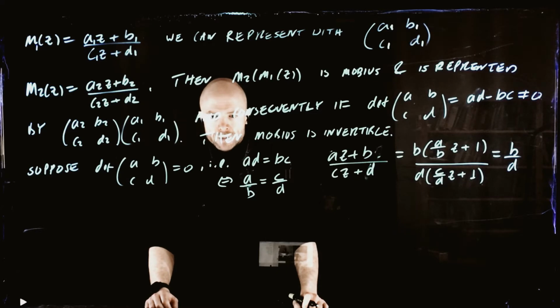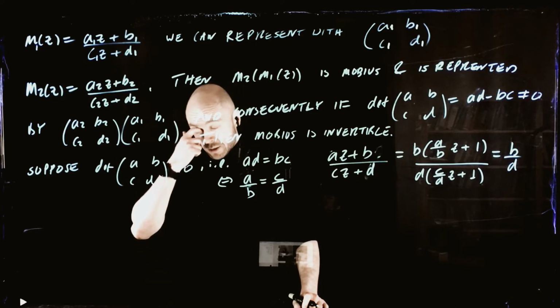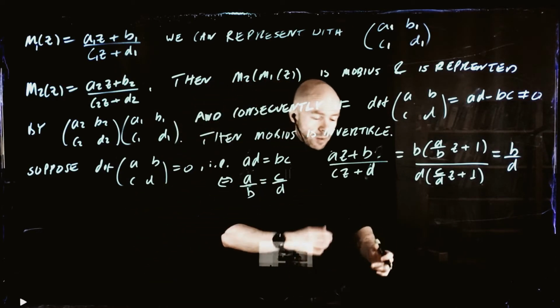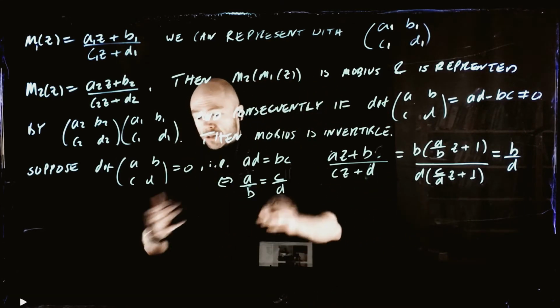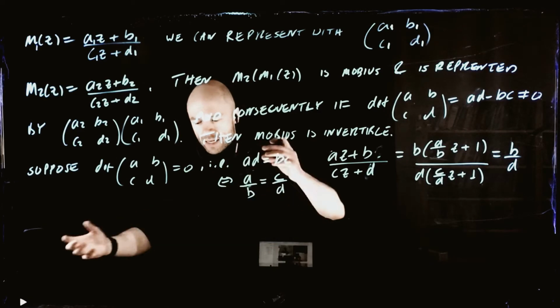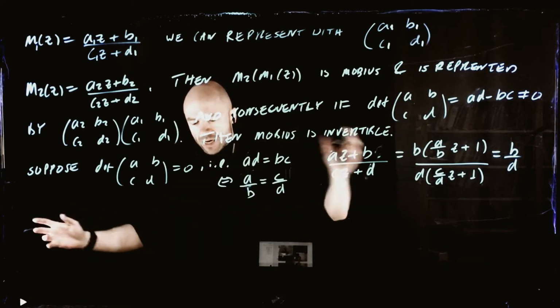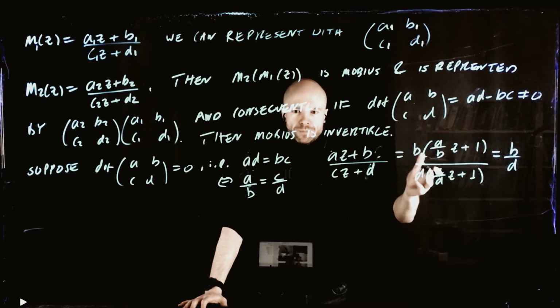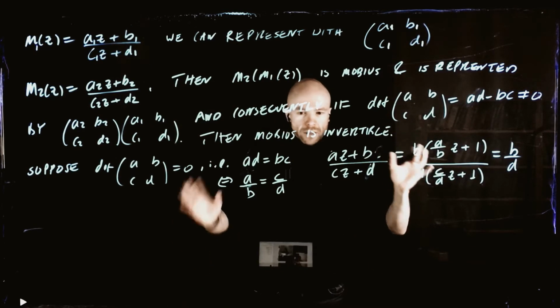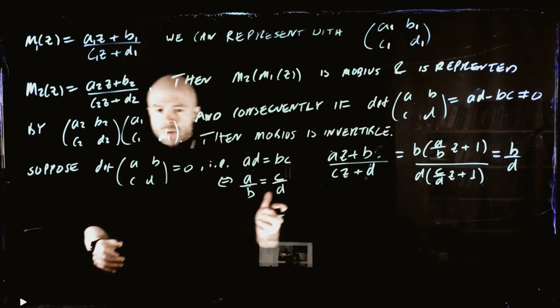Yeah? Cool. So we either have a very interesting Mobius transform that preserves lines and circles and maps the entire extended complex plane bijectively onto itself, or we have a very boring one, right? So we just ignore the boring ones because they don't do anything. They just send everything to a point.